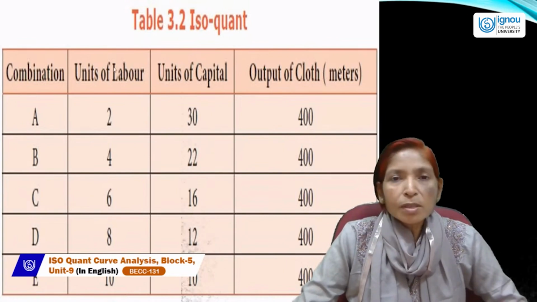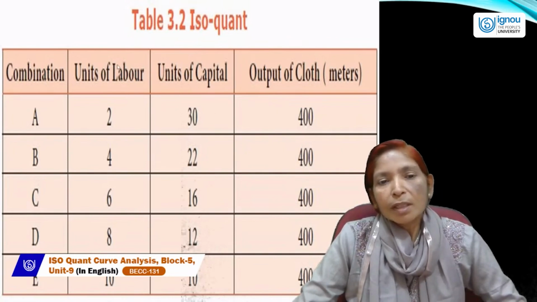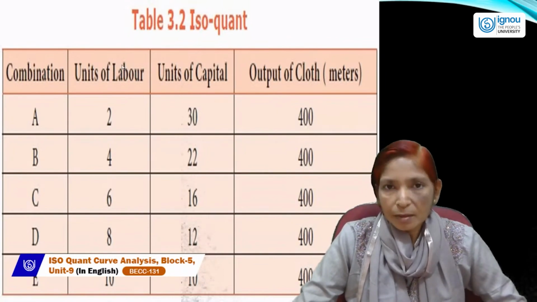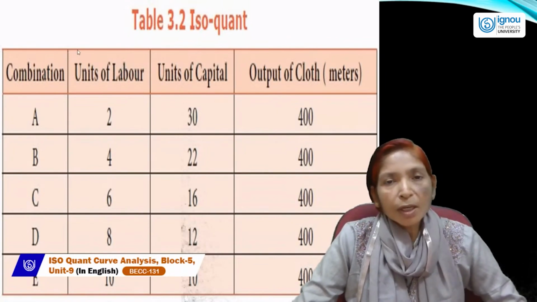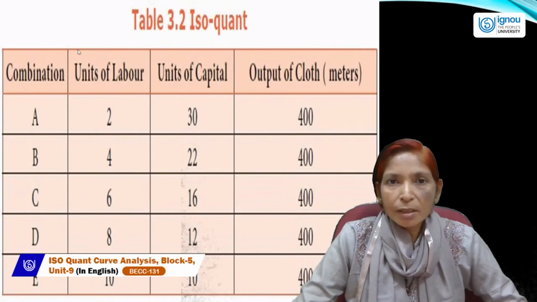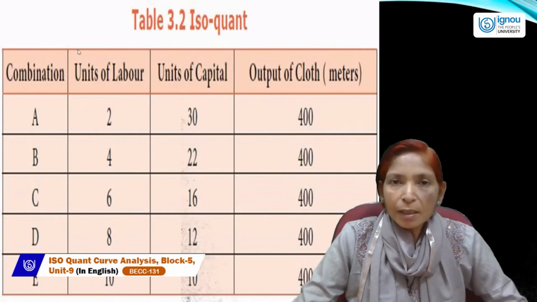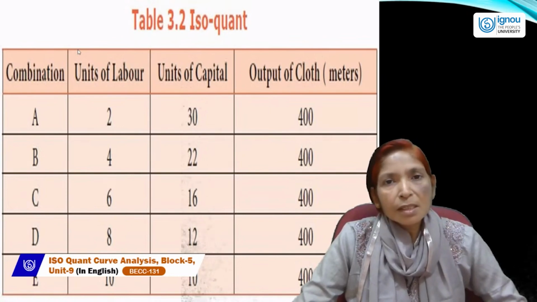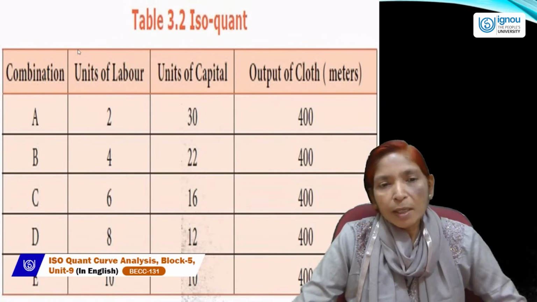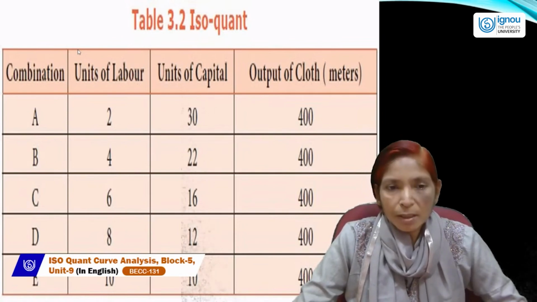So if we use more units of labor, then we must use fewer units of capital, because both are techniques of production and both are not equally available in each and every country. So as we increase the number of units of labor, we must sacrifice units of capital.